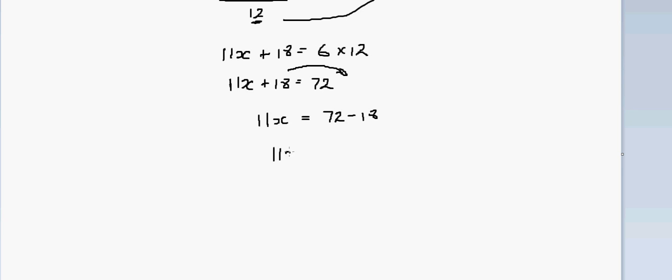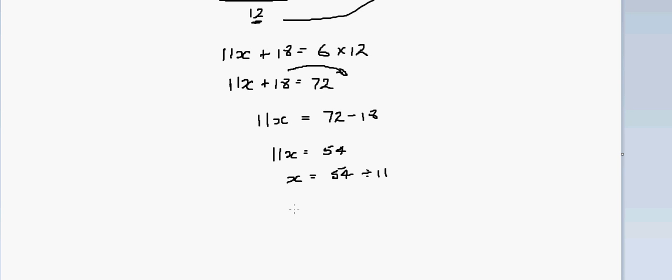So 11x will equal, now 72 minus 18 will give us 54. So x is just going to be 54 divided by 11. Now I keep this fractional.